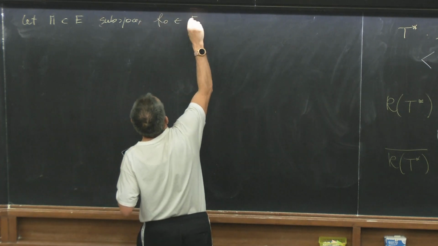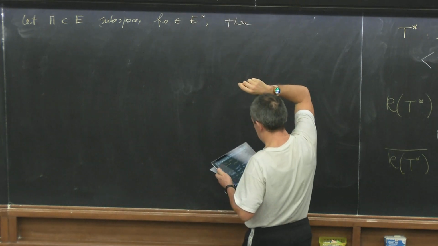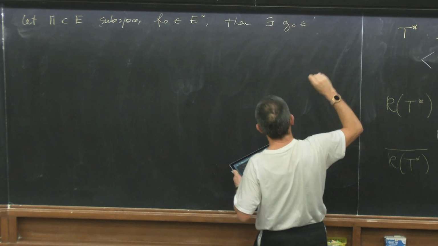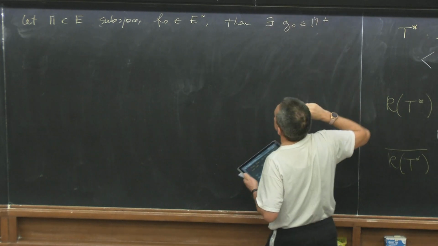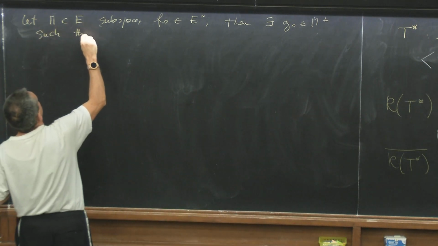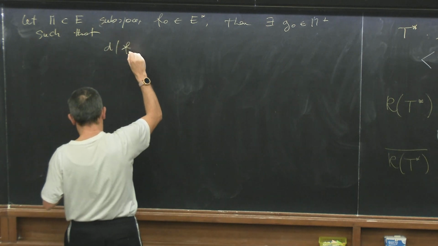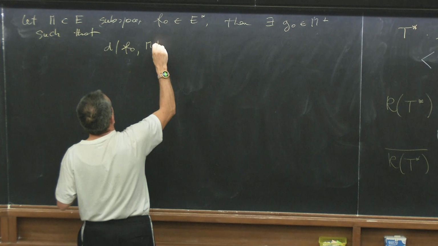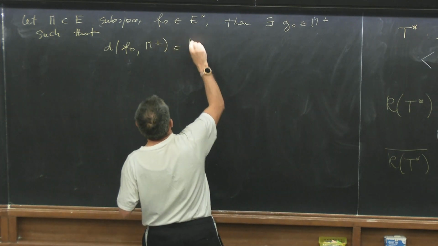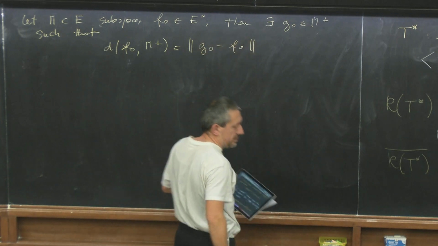And F0 belonging to the dual, then there exists G0 in the orthogonal such that the distance of F0 to the orthogonal is equal to the norm of G0 minus F0.